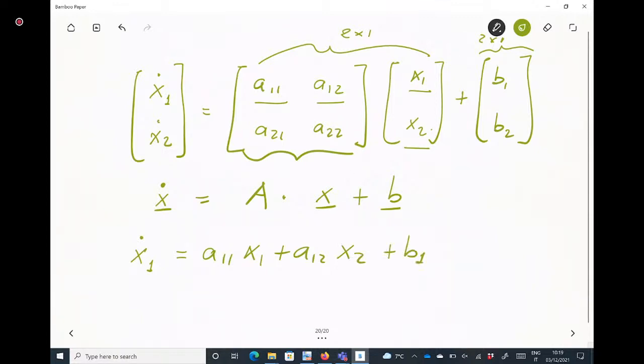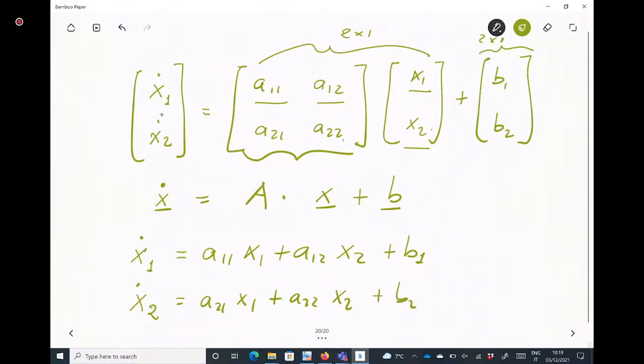This is the first row, so the first element of the vector is the product of the two. What about the second? x dot 2 must be equal to the product of the second row here times the vector of the state plus b2.